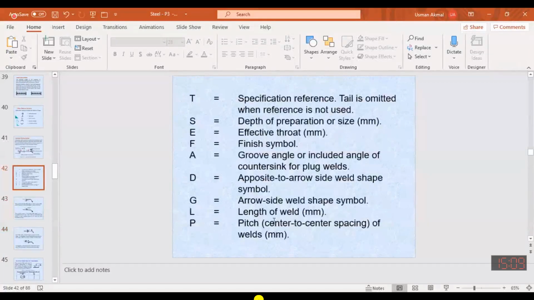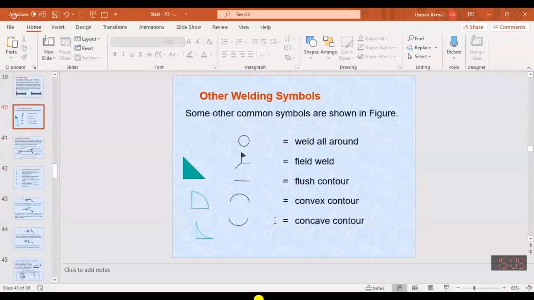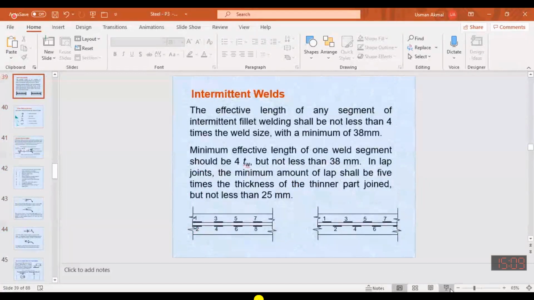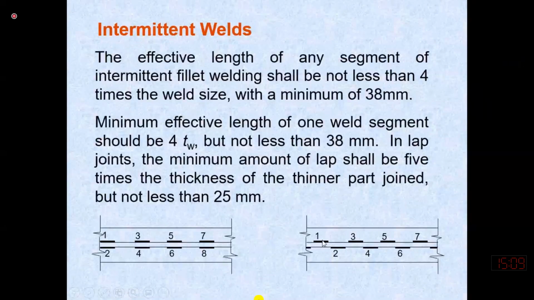Okay, the next question arises: how can we achieve staggering? In staggering, the distance from this center to this center will be 150, and on the other side the first weld will be provided at half pitch with reference to the weld on the opposite side. The distance from here to here, the stagger, will be 75, then center to center distance will be 150.